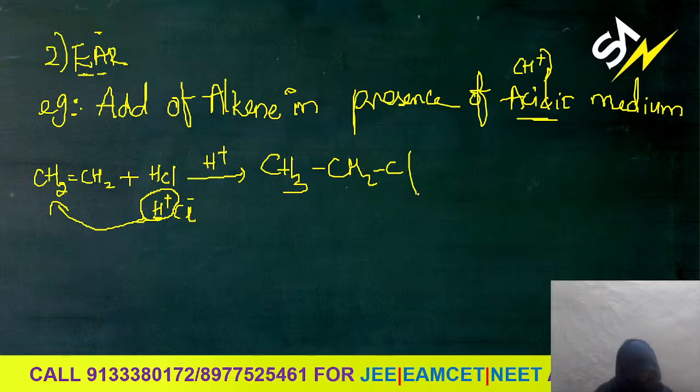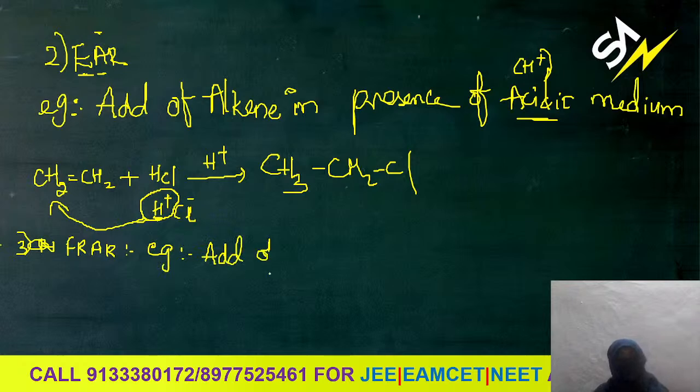Okay, right. So moving on to the third one, called free radical addition reaction. So let's write an example. The example is addition to alkene in presence of peroxide. This is almost similar.